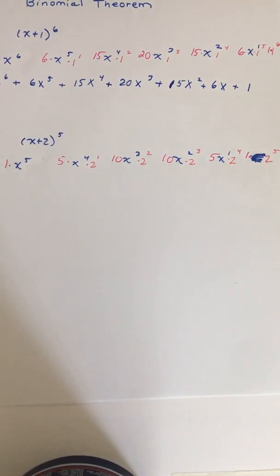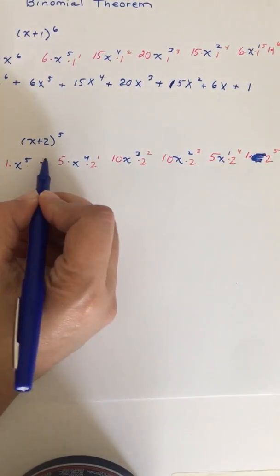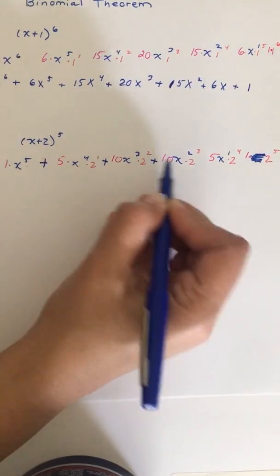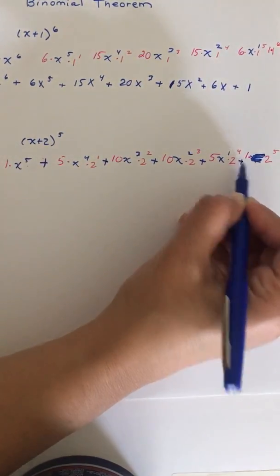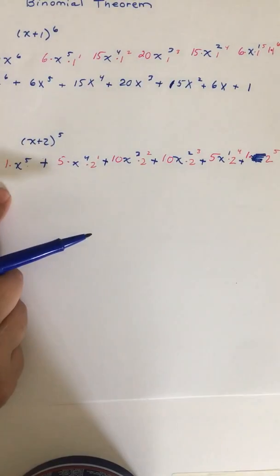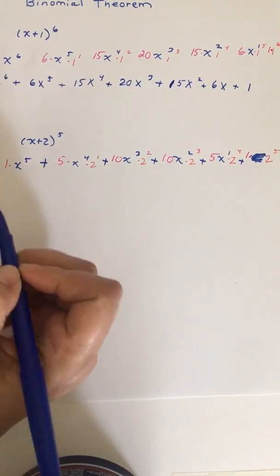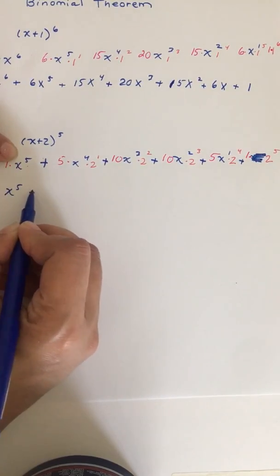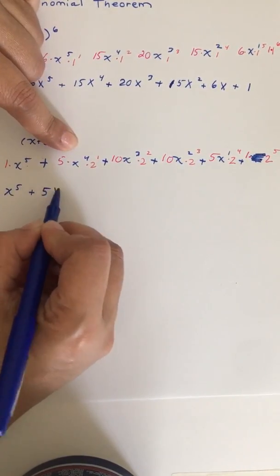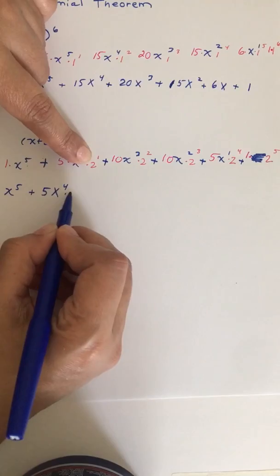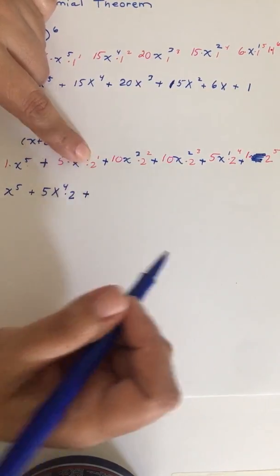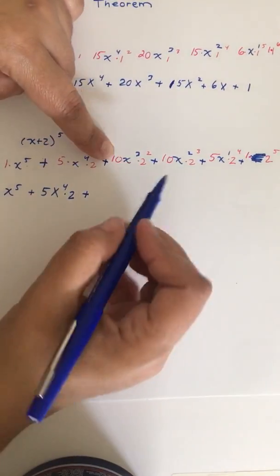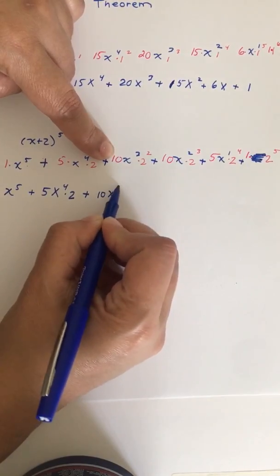Now I just plug in, you're going to do plus, plus, you want to add all the terms together and simplify it. So let's simplify it now. This is x to the 5th power. This is going to be 5x to the 4th times 2. I should have just written 10. 10x to the 3rd.